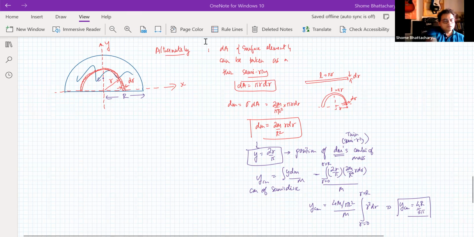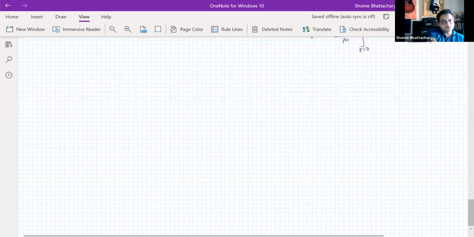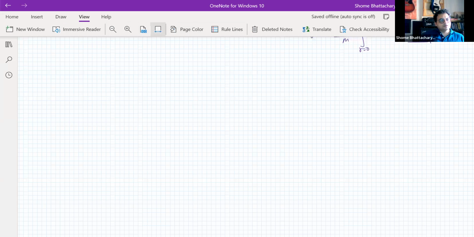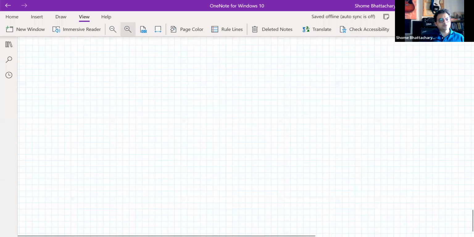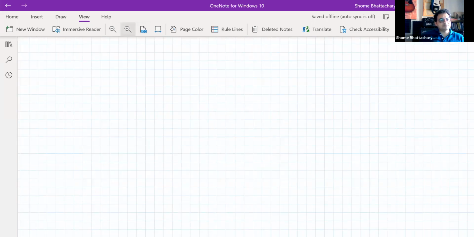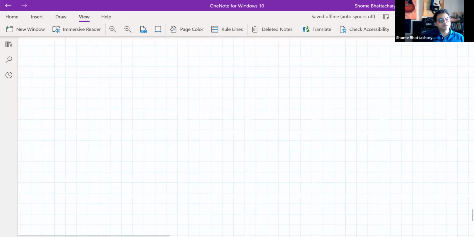Okay, so now this is an example of a surface element, as I told you. Okay, let's take another example. Now let's move on to a surface which is not in a two-dimensional plane. So it's not in a laminar kind of situation. It is a non-laminar surface or a three-dimensional surface.